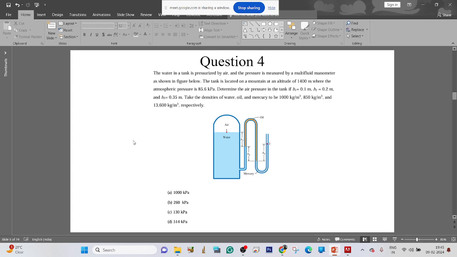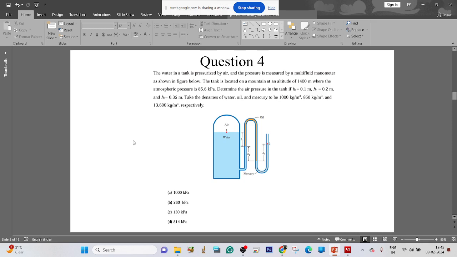Okay. So the water in a tank is pressurized by air at the top of it, and the pressure is measured by a multi-fluid manometer, as we can see in the figure. The tank is located on a mountain at an altitude of 1400 meter, where the atmospheric pressure is 85.6 kilopascal. Okay, so the atmospheric pressure is given.